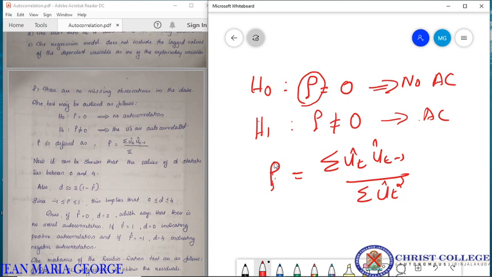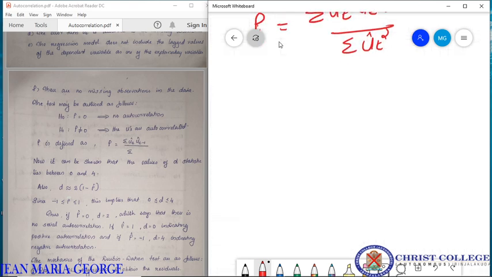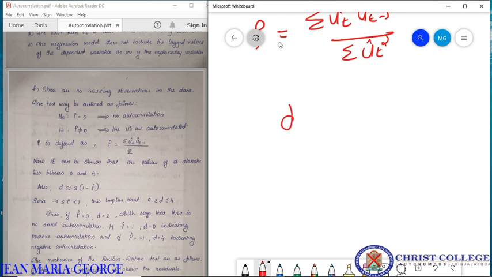Now it can be shown that values of the D statistic lie between 0 and 4. This is the statistic that we have to find. Minimum point 0, maximum limit 4. This is the range of the D statistic.